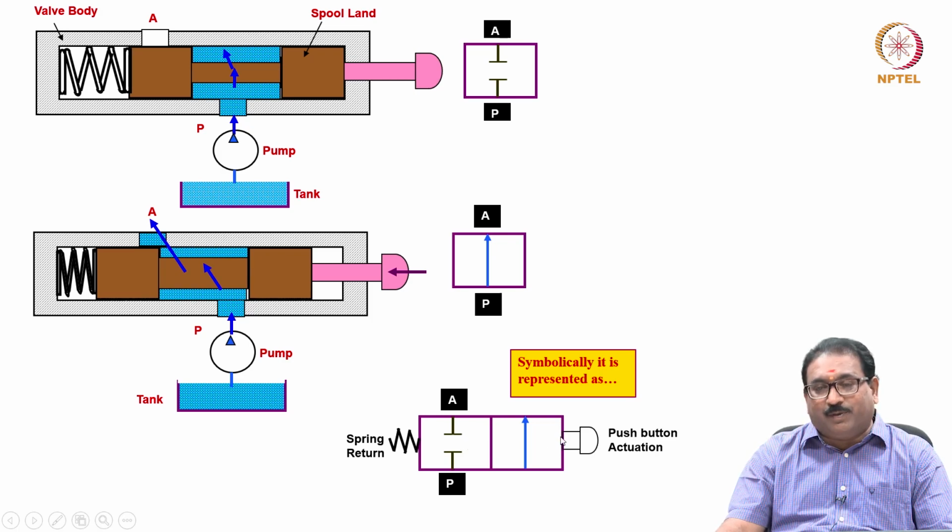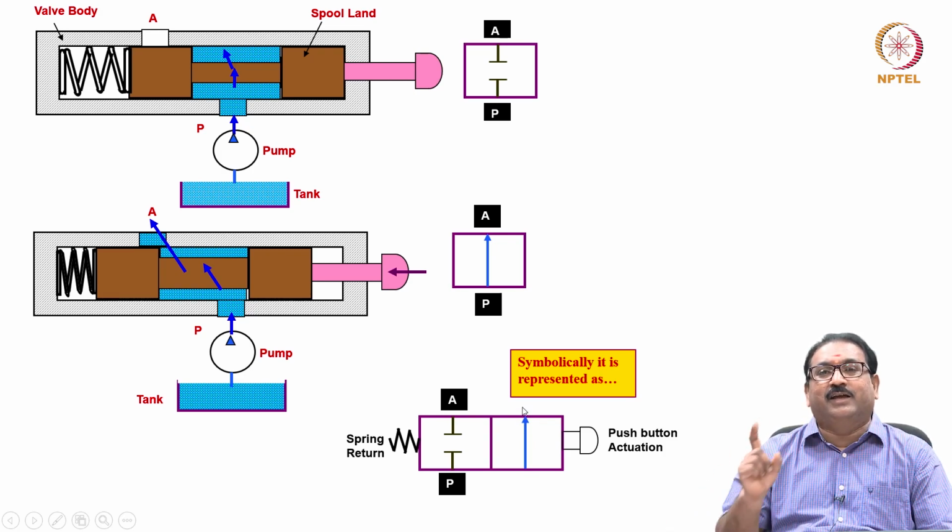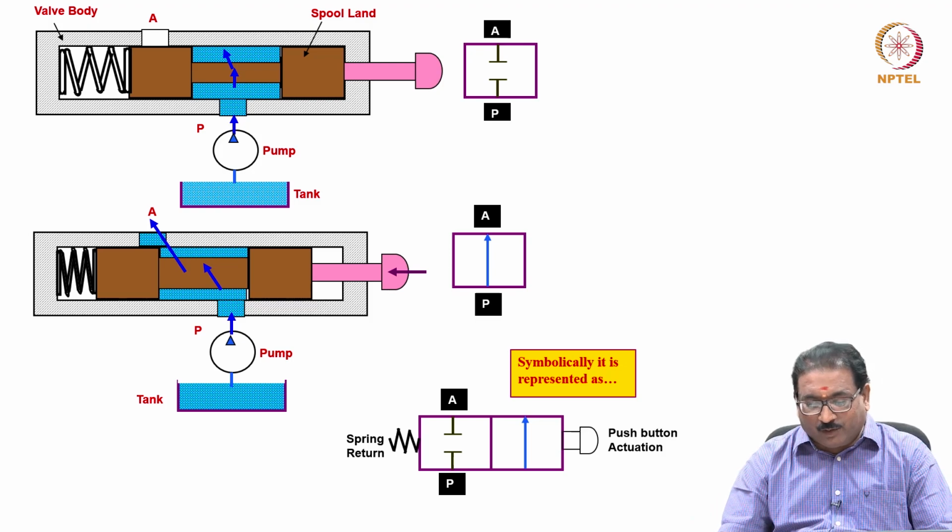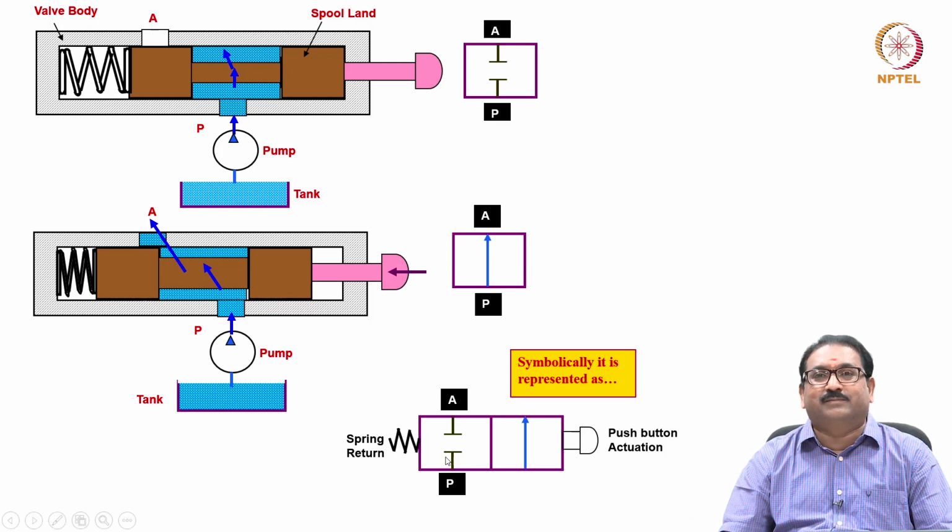When you push this button, this gets activated. Don't write P and A again here. If you write here, it gets confused whether P is open or closed in the null position. That's why I am telling you to write always at the spring side.